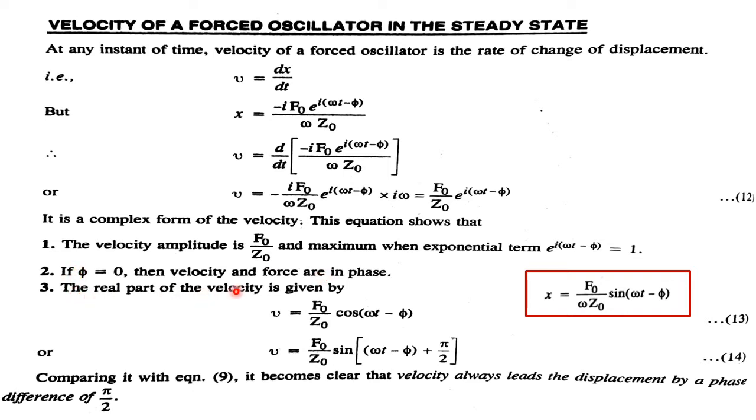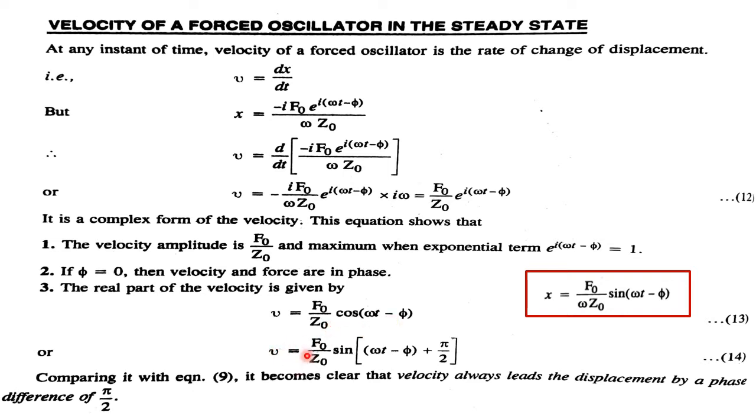Third case is the real part of the velocity. We know that it is a function of exponential, so we can write it as cos of omega t minus phi plus i into sine of omega t minus phi, where cos of omega t minus phi is the real part. That means the real part of the velocity will be f naught upon z naught cos of omega t minus phi.